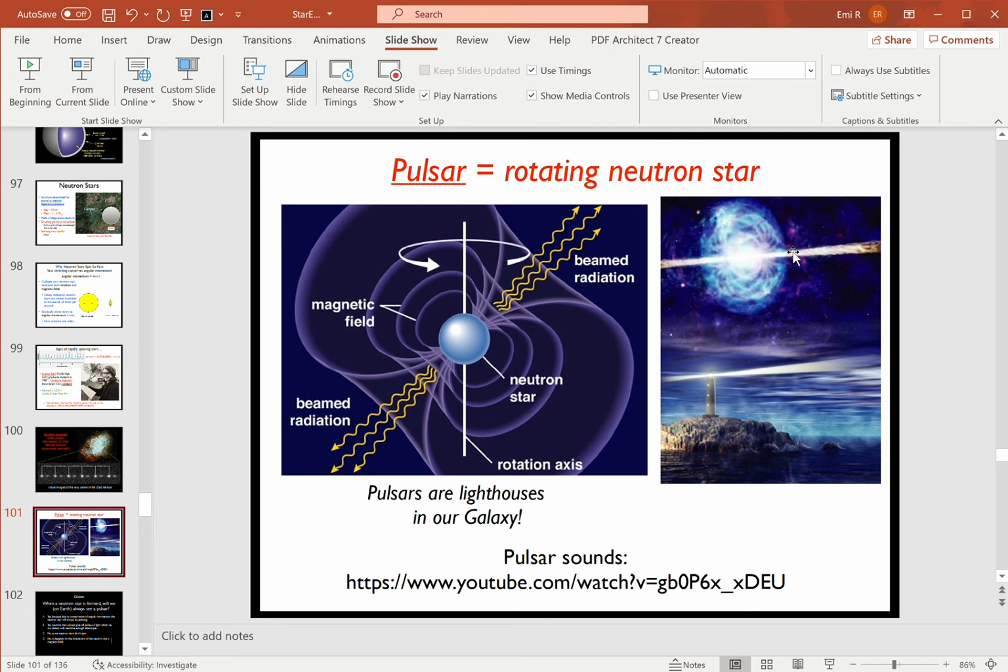So those pulsars represent the portion of neutron stars that are perfectly aligned with Earth for us to see their beam of light, their beam of radiation, every time it goes in Earth's direction. So that's why we say every pulsar is a neutron star, but not every neutron star is a pulsar.